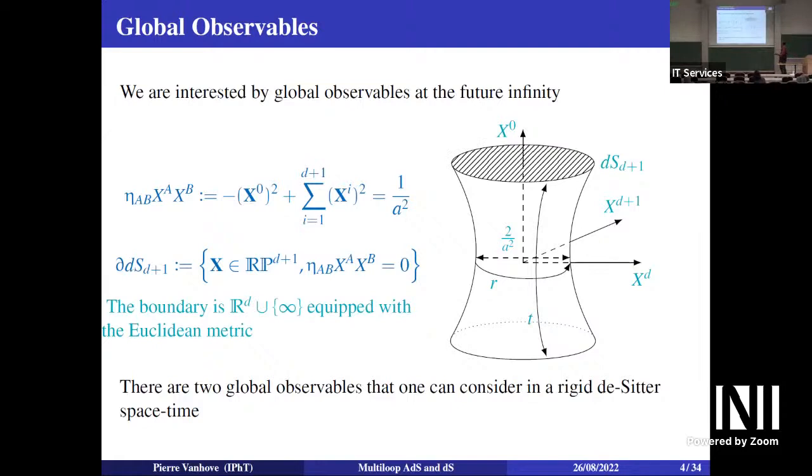In most of what I will show you, little d will be free. This is the inverse radius, and the boundary of the de Sitter d plus 1 spacetime is given by this equation, and it's essentially flat space with infinity.